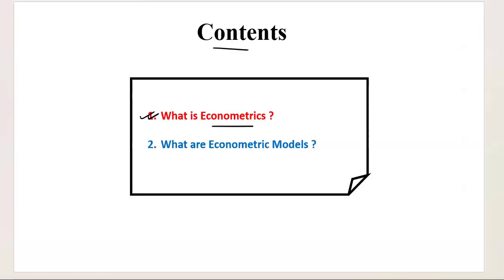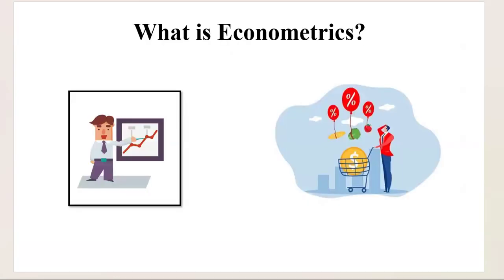And the second thing that I'll cover is what are econometric models, how we construct them, and how they differ from the usual statistical models that we use so far, right? So let us start with the topic today.